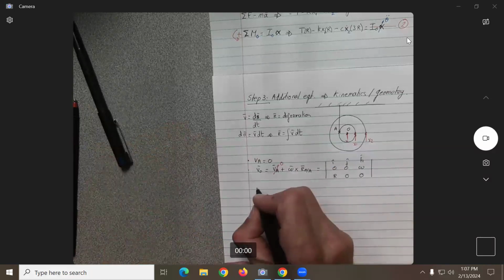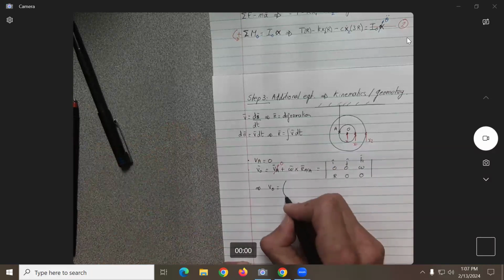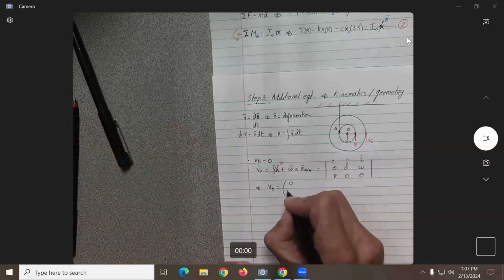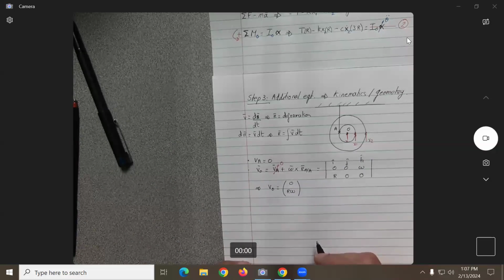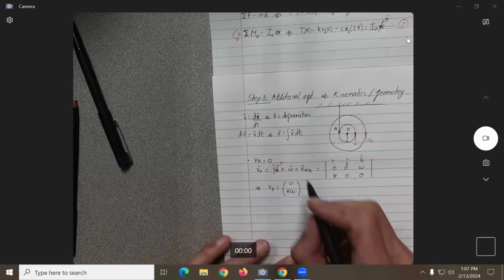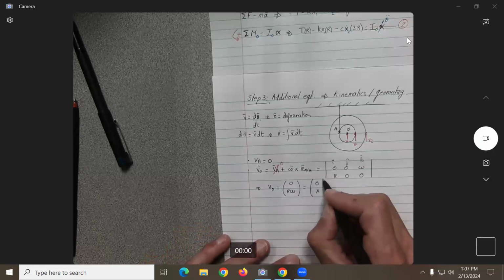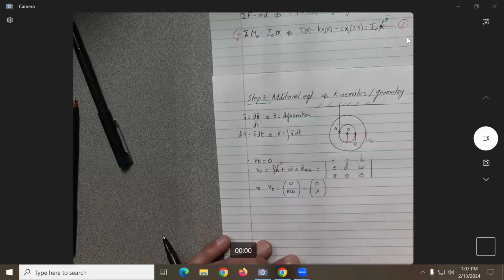So V sub O will be equal to 0 and R omega, which kind of makes sense. And this is really our X dot, the velocity of point O. Does that make sense?